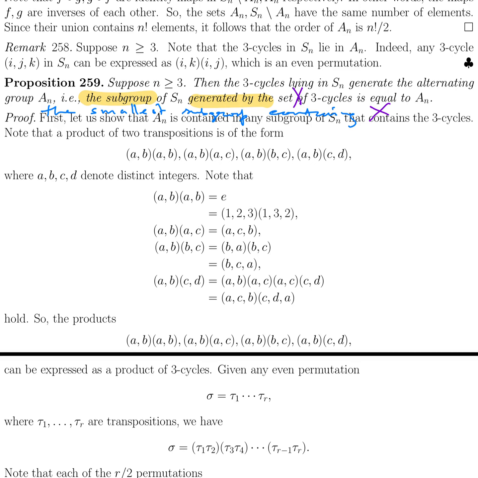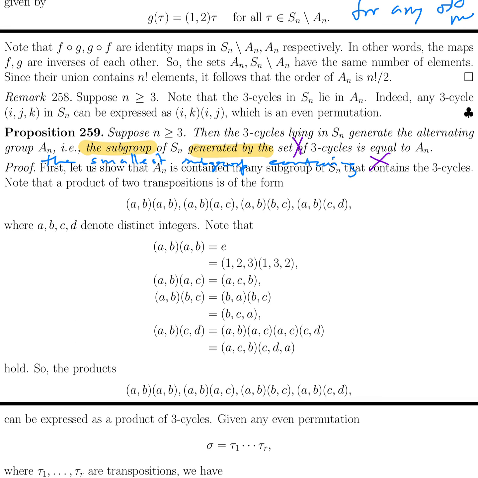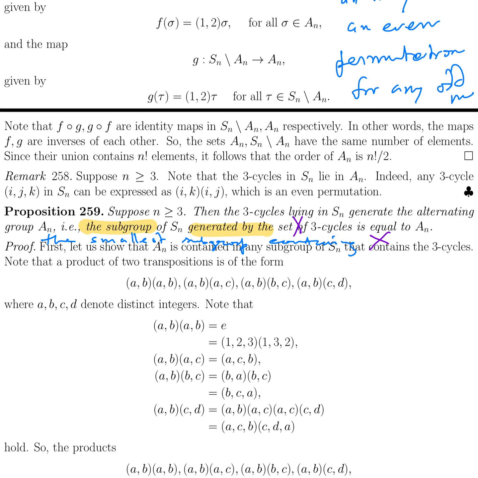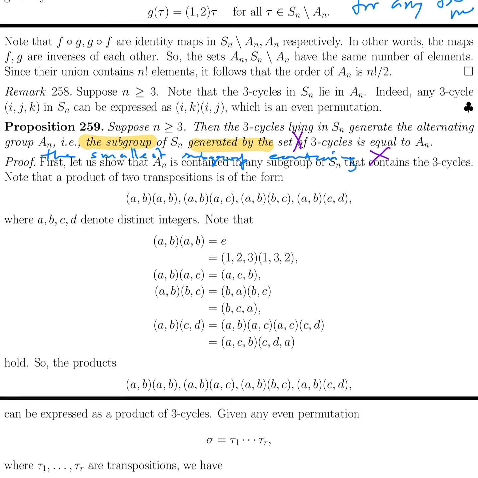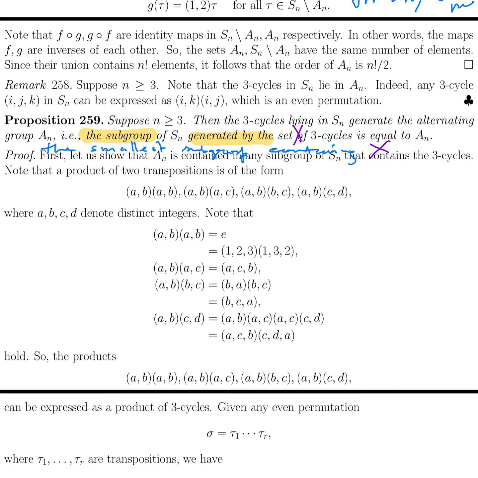Great. So what is An? An is the subgroup of Sn formed by the even permutations. Let me recall what even permutations are. Even permutations are those which can be expressed as a product of an even number of transpositions. So now let's first take two transpositions and try to compute their product. If you take one transposition (a b), the other transposition can be of four shapes.